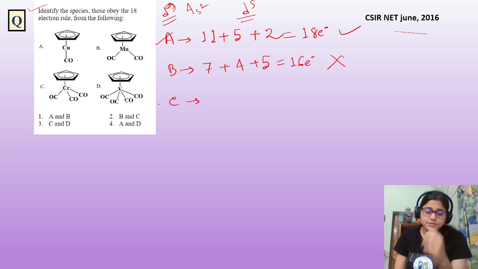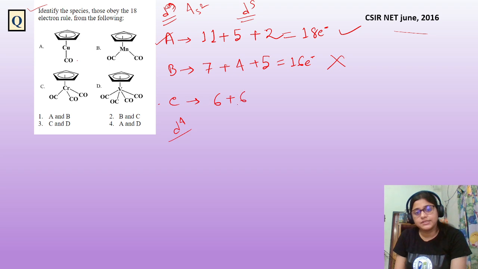Because here multiple options are correct, right? We have to choose between these 4 options. Okay. C is chromium. Chromium is d4 4s2 or d5 4s1. So in both cases, the count will be 6, plus 3 carbonyl groups, it will be 6 again, and 5.